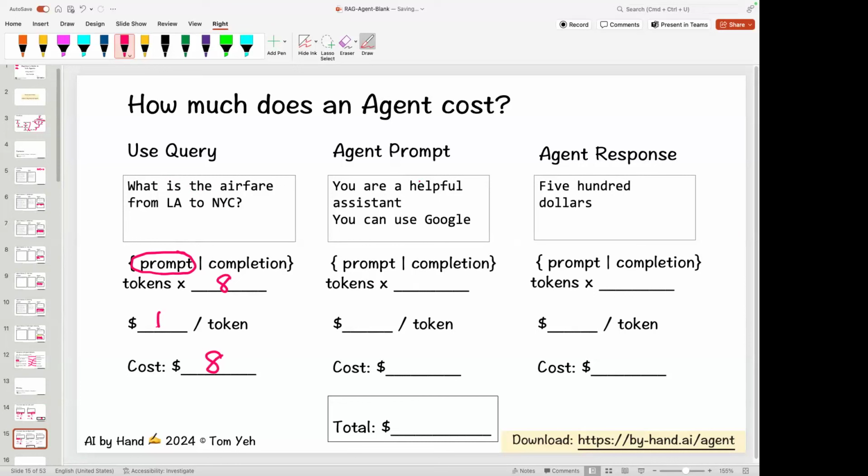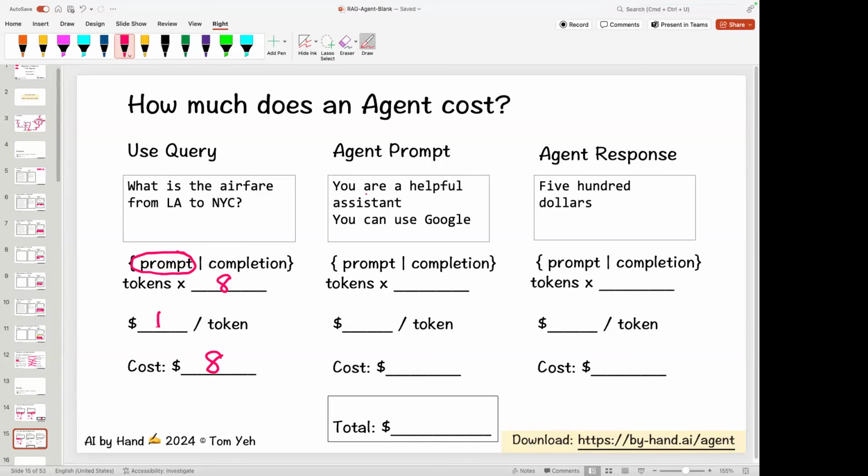With an agent, we're trying to give it the ability to act and to think a bit more. So we add something to the user query. In the background, the agent adds extra text like, you are a helpful assistant, you can use Google as a tool. You are a helpful assistant is a reflection that, okay, I'm actually trying to be helpful here to assist you.